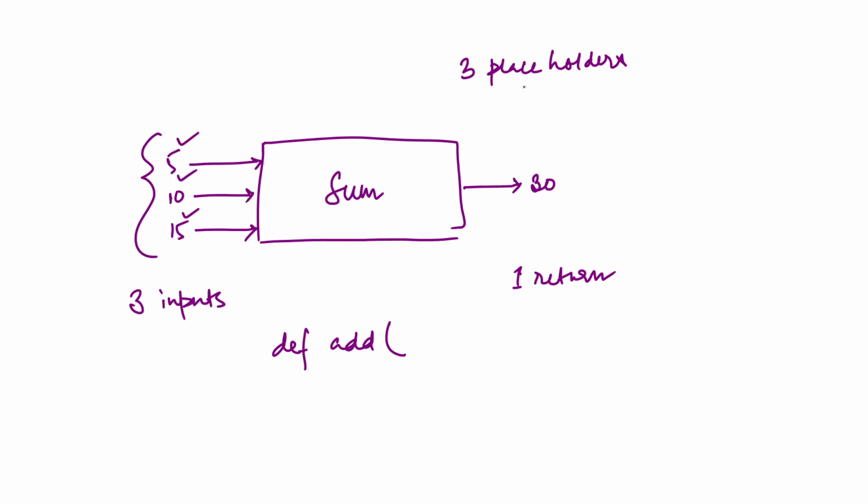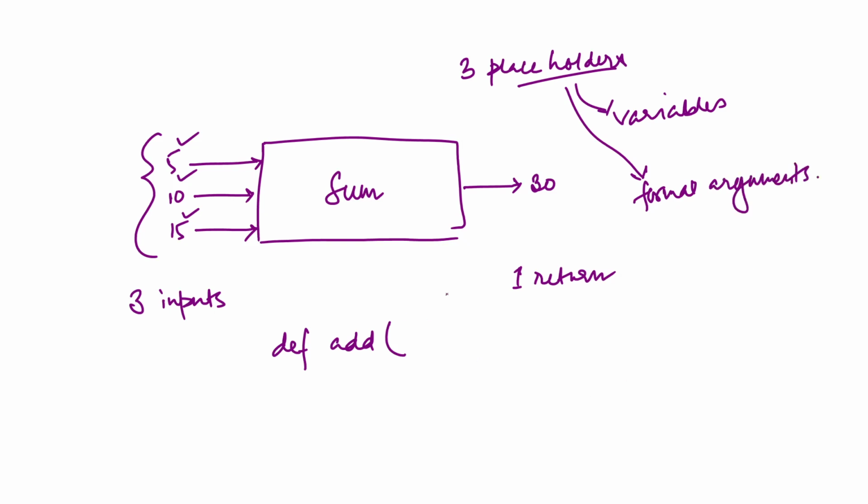These placeholders are nothing but variables, and they are technically called formal arguments. Let's call them a, b, and c.